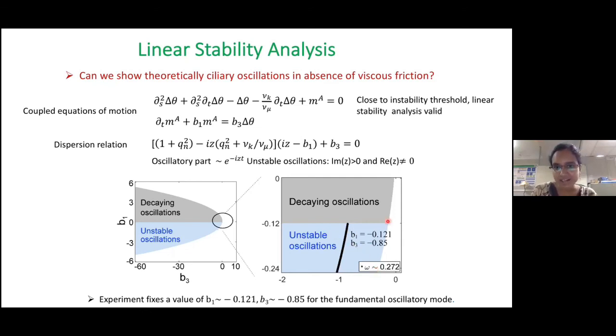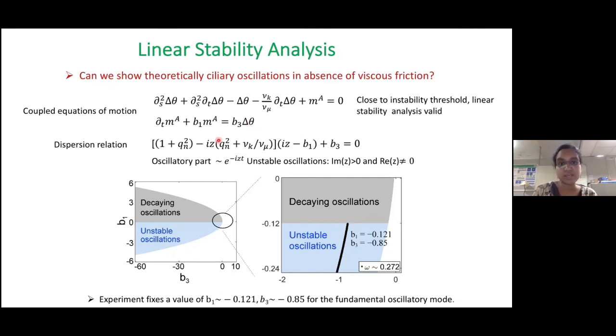So essentially, by looking at this phase diagram of decaying and unstable oscillations, I can identify values of B1 and B3 close to the threshold, or close to the transition point, which will match with the beat frequency. That is the only constraint that I have imposed.